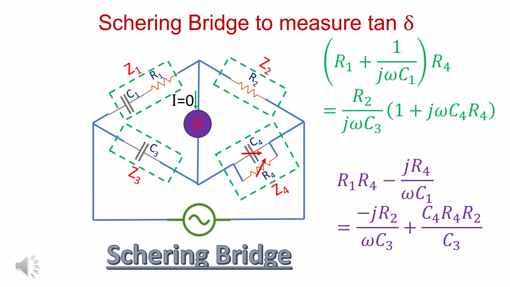R1 plus 1 by j omega C1, times R4, is equal to R2 divided by j omega C3, multiplied by 1 plus j omega C4 R4. That is, R1 R4 minus j R4 divided by omega C1 is equal to minus j R2 by omega C3 plus C4 R4 R2 by C3.